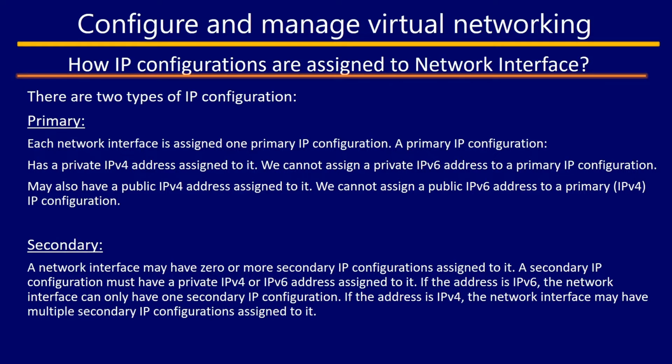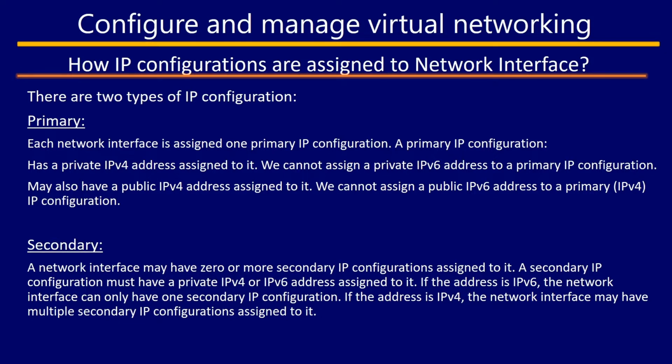Second is secondary. A network interface may have zero or more secondary IP configurations assigned to it. A secondary IP configuration must have a private IPv4 or IPv6 address assigned to it. If the address is IPv6, the network interface can only have one secondary IP configuration.